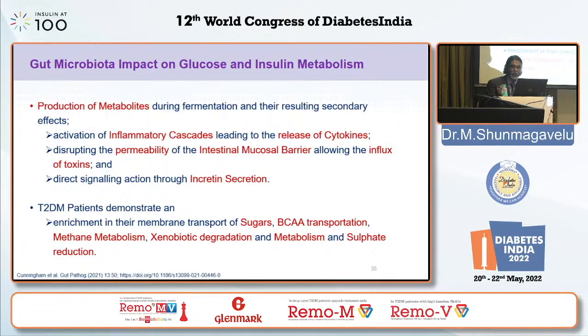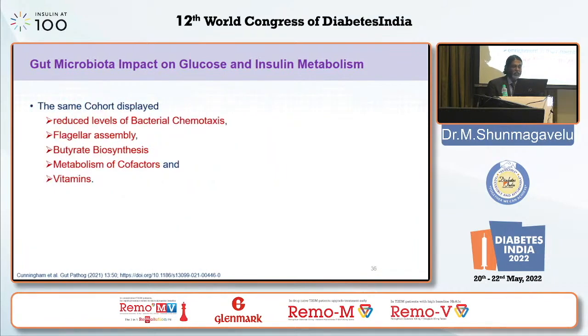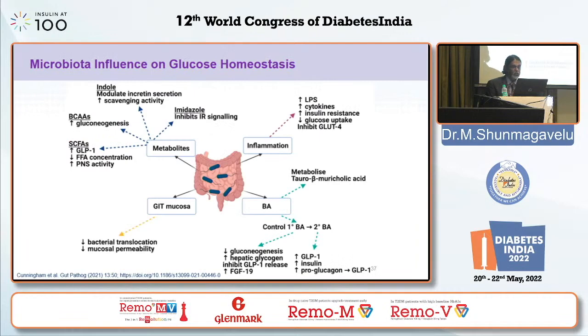So patients with type 2 diabetes demonstrate an environment that predominantly affects the transport of glucose, branched chain amino acid transportation, methane metabolism, as well as xenobiotic degradation and metabolism, as well as sulfate reduction. The same cohort displayed reduced levels of bacterial chemotaxis, flagellar assembly, butyrate biosynthesis, and metabolism of the cofactors as well as vitamins.